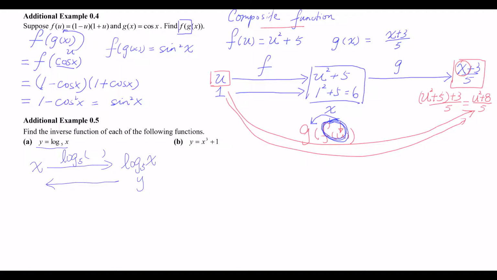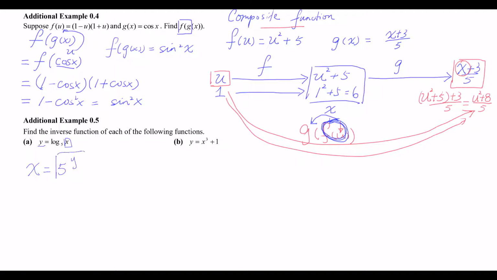You are given y and you want to get x. If you rewrite the relation of these two variables, to find x, x is 5 to the power y.